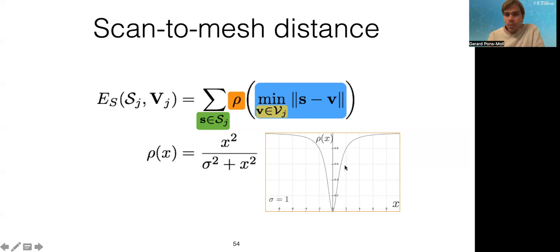So as you get close to 0, you're going to have a strong pull towards 0. But if you're further away, you're an outlier and the distance is larger than some value, then at some point you start to pay a constant penalty of 1. And this is very effective so that the outliers do not dominate the optimization.